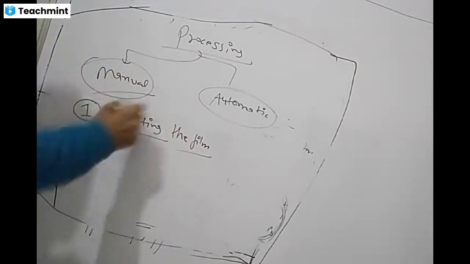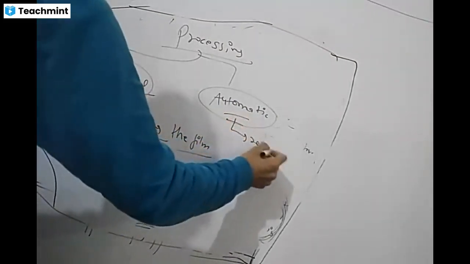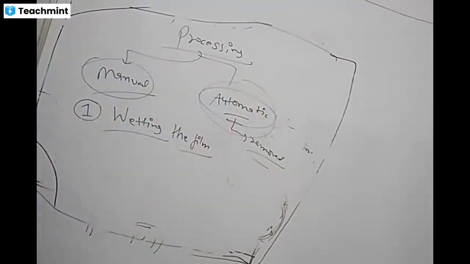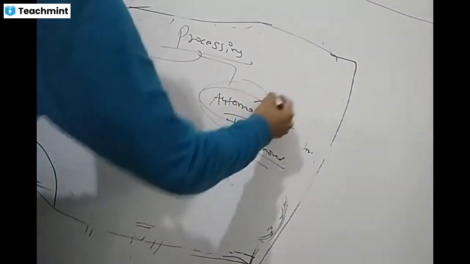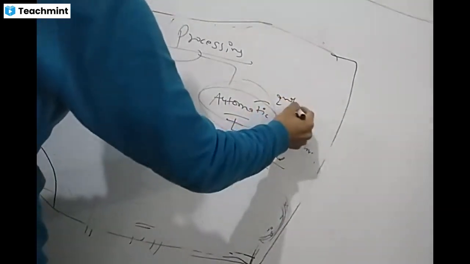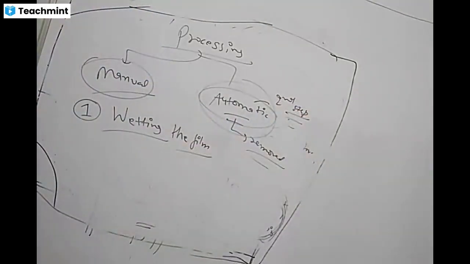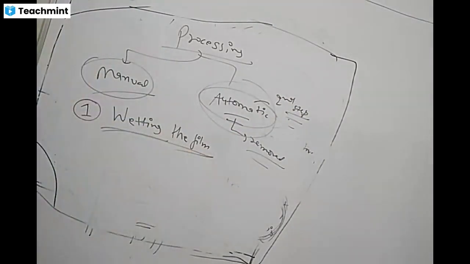This wetting step is omitted, removed, in automatic processing. This step is not there. This step is added here before the second step, that is the developer.